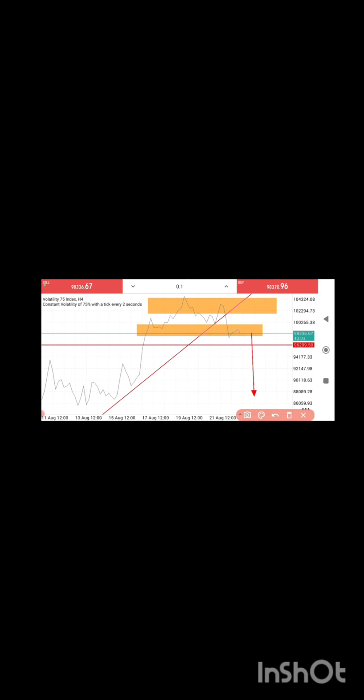Like the trending part of that present action, the region of analysis where you are trying to optimize your entries. So this is the region of analysis.